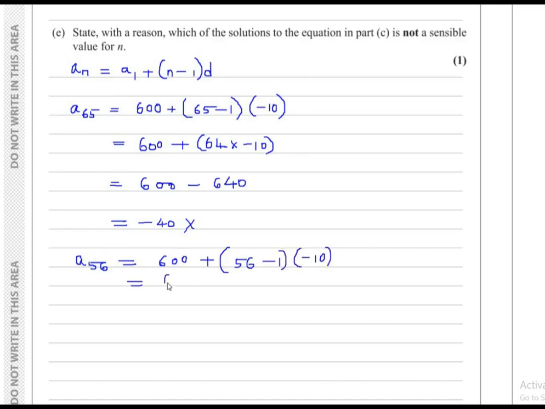Here we get 600 plus 55 times minus 10. So this becomes 600 minus 550. This will be 50. So this is pretty a practical solution because we have got the answer in positive. So she has saved 50 pounds on the 56th month.